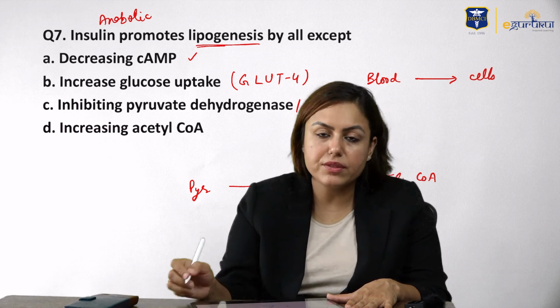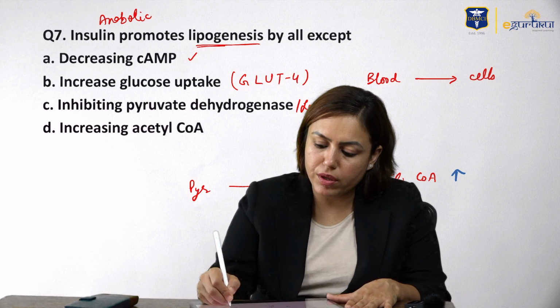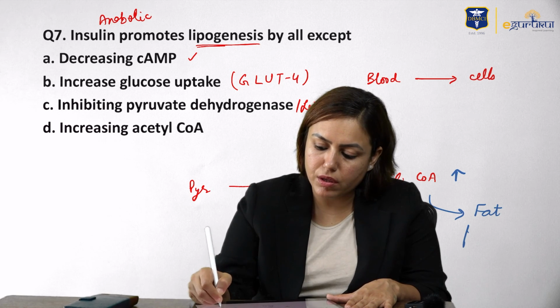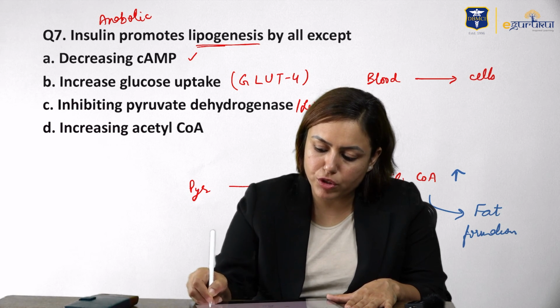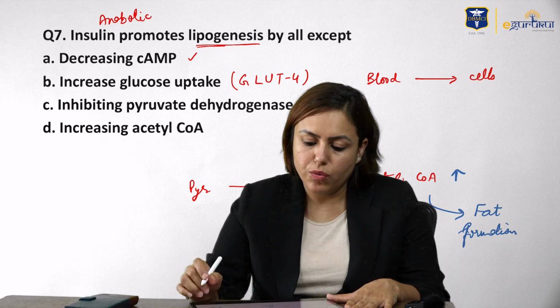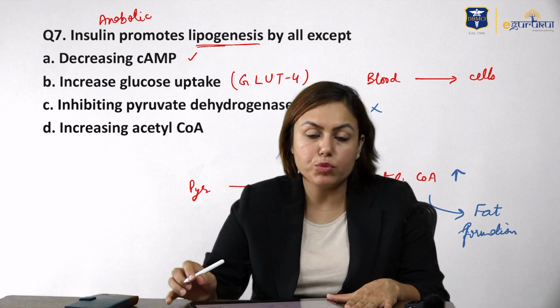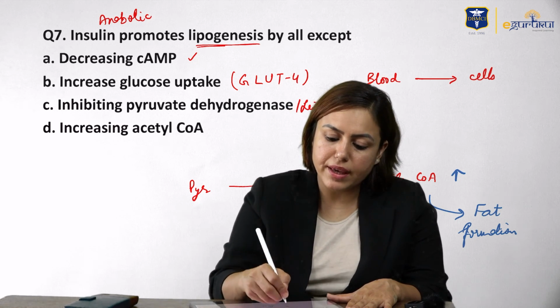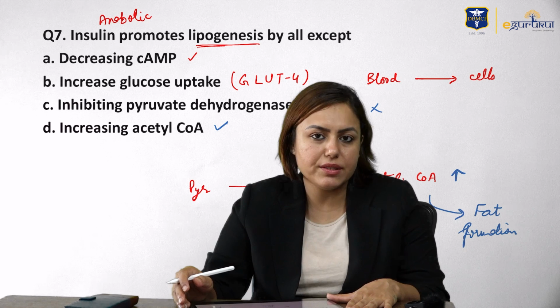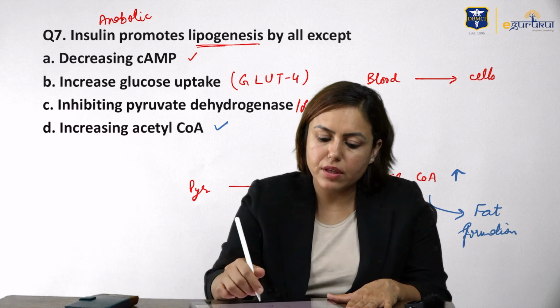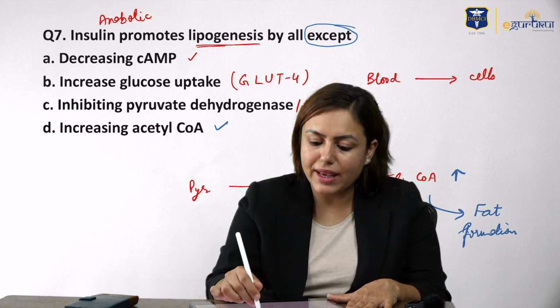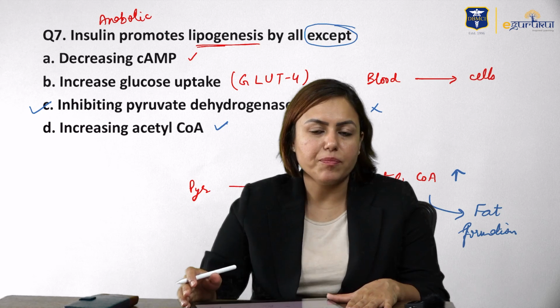So insulin increases the formation of acetyl CoA, so that acetyl CoA is used for fat formation, right? So this is wrong. Then option D, it increases acetyl CoA. Yes, by activating the link reaction, it increases acetyl CoA. So they are asking insulin promotes lipogenesis by all except. So the answer is C, right?